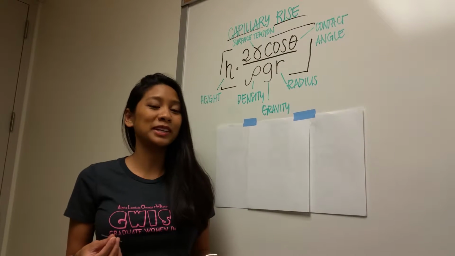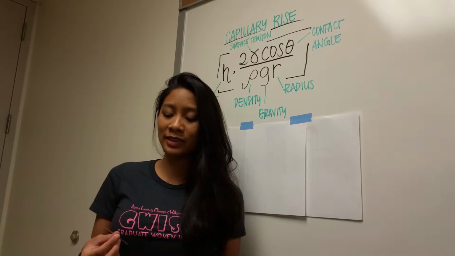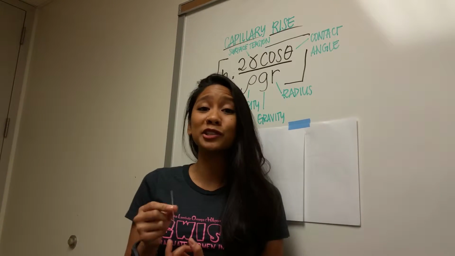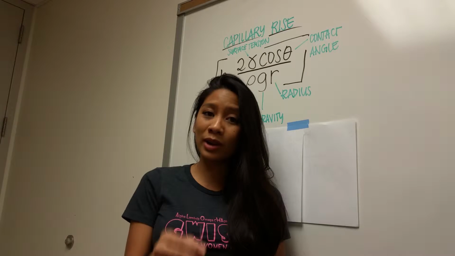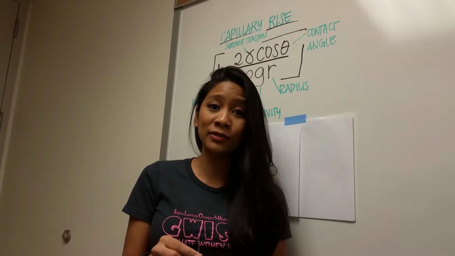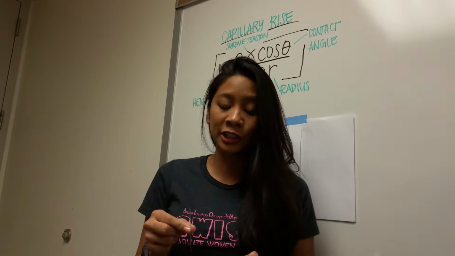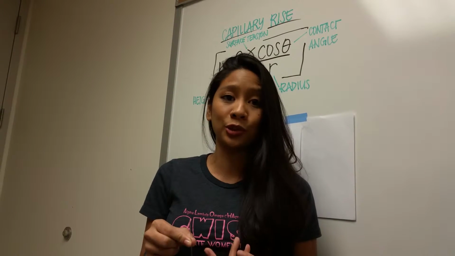So today we'll be demonstrating capillary rise, which occurs when you have a tube of sufficiently small diameter and you place one end into a reservoir of liquid, and what happens is the liquid is actually drawn upwards into the tube.